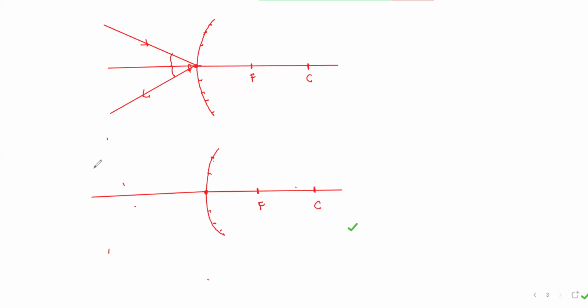So when the ray hits the mirror at 90, then it must appear to be through this. Okay, let me draw this separately since I'll eventually clean this.